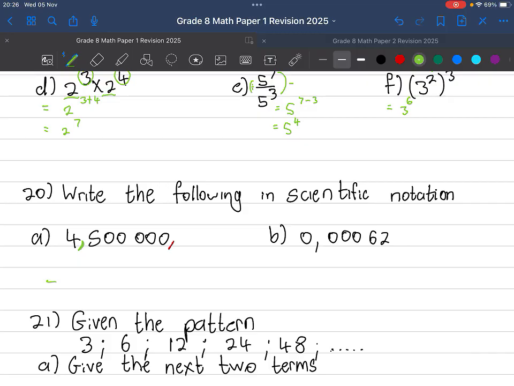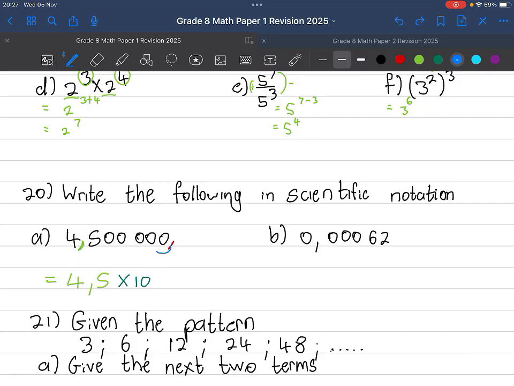So writing this in scientific notation would be 4 comma 5. This next part will always be the same, times 10 to the power. Now there's an exponent that we need to fit here. How do you get this? This exponent is going to depend on how many times the comma has moved. In this case, the comma has moved from its original place here.